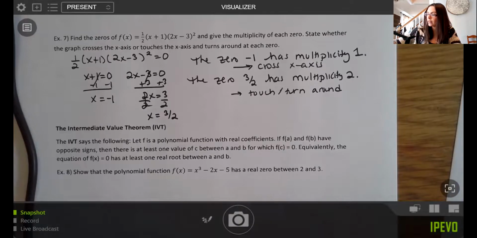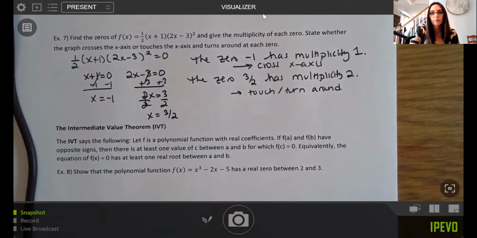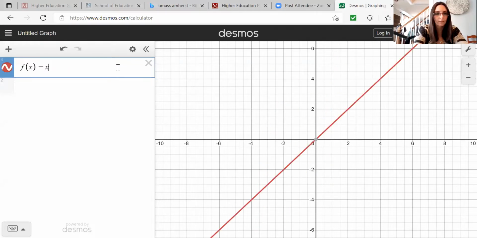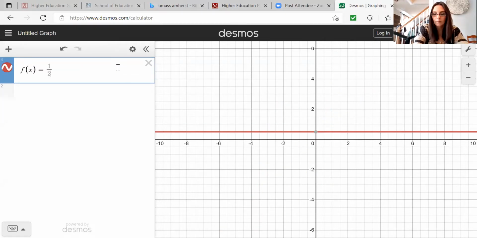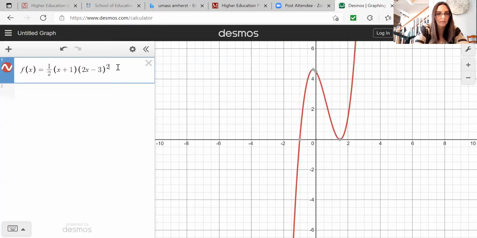So let's go ahead and look at this graph also. Okay, so here's our graph. Notice that we had 2 zeros.